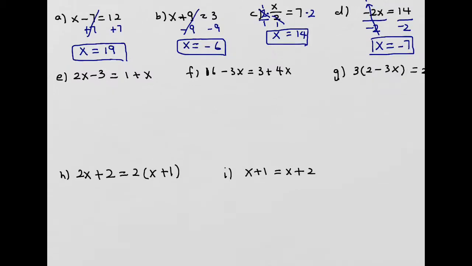Okay, let's look at the next one. It's getting a little longer and longer, and you can see this one, we have two variable x terms. So what I need to do first is combine them together. You want to put it all on one side, so I can make it 1x. So what I need to do is put all the x together, and let's say I move this x to the other side of the equal sign.